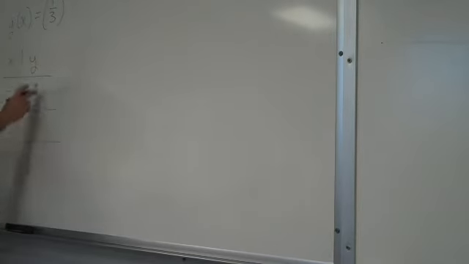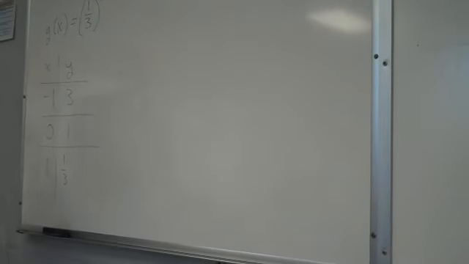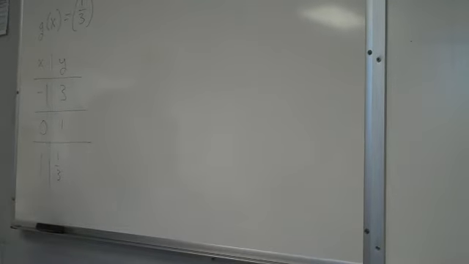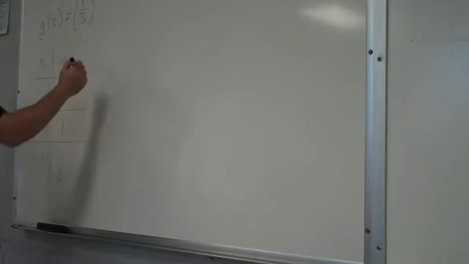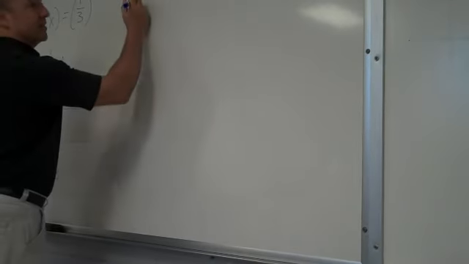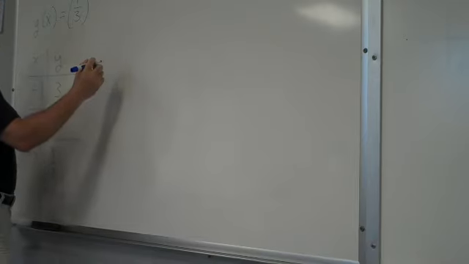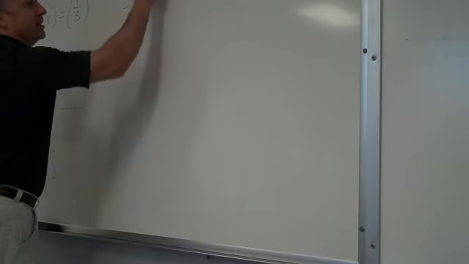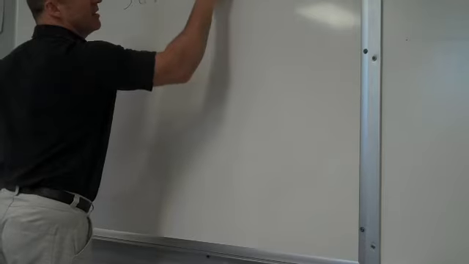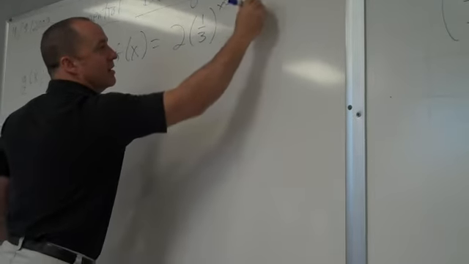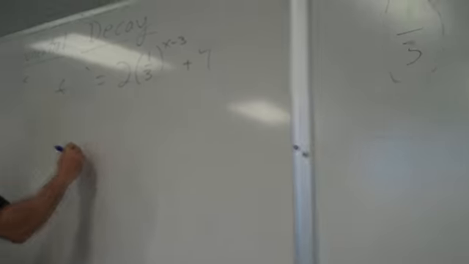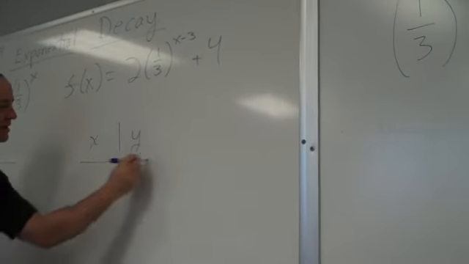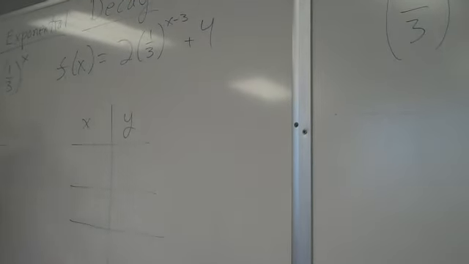Okay, now, here's how the basic one will look. This is getting shifted by the 3 and the 4 and bent by the 2. So the simplest way to do this is to plug it in. Now, instead of -1, 0, and 1, I'm not as interested in that.